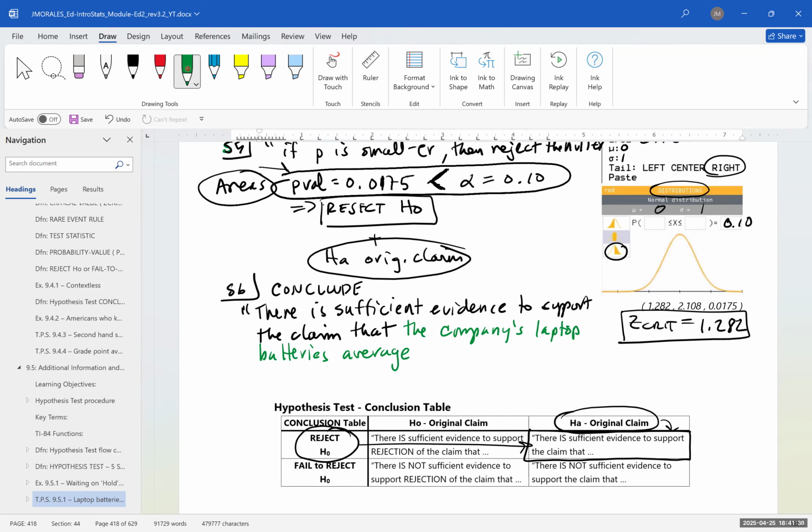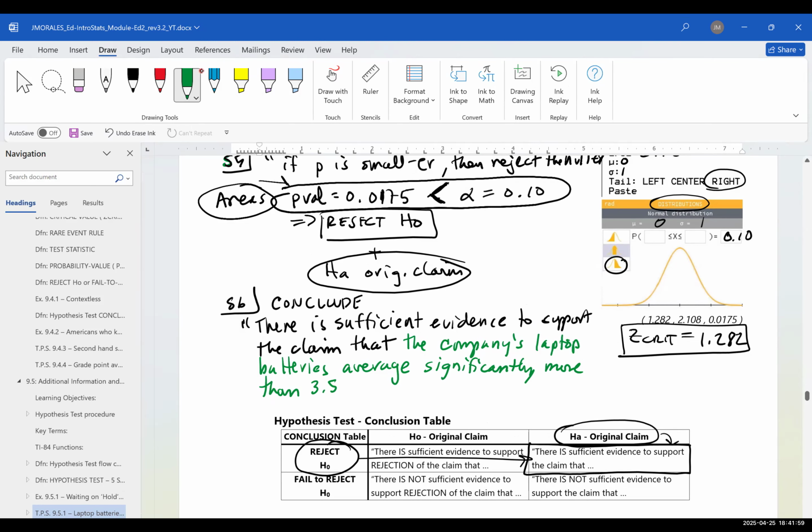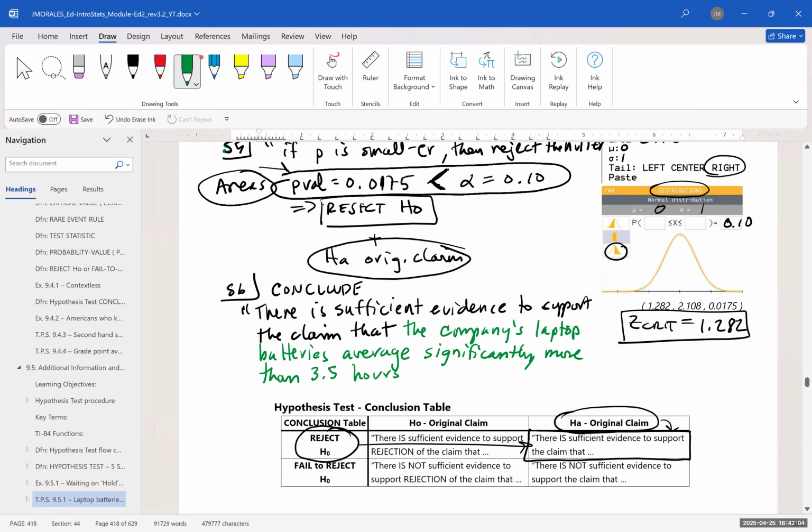average. Now I'm going to add another word here that I haven't added before. They average significantly more than 3.5 hours per charge.